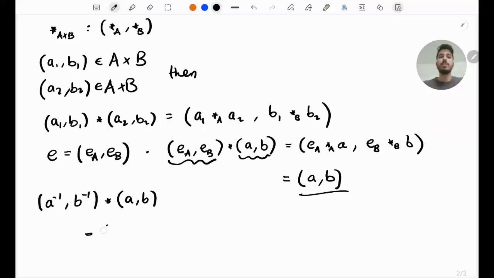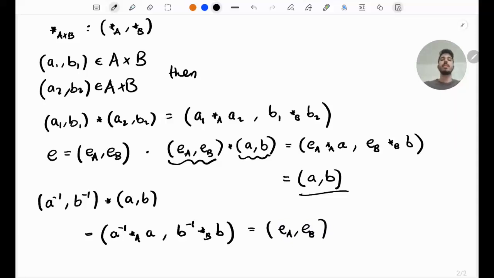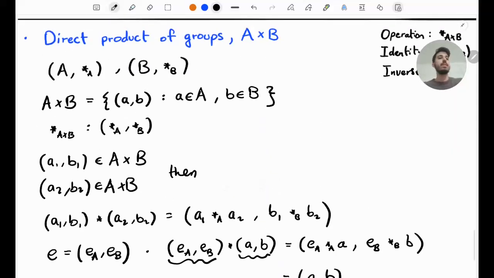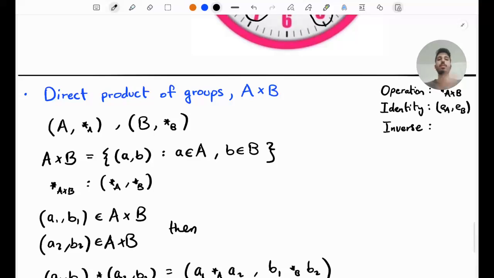That will give you a inverse star A on a, and b inverse star B on b, and of course, by definition of both of them separately, we get e_A and e_B. And that, ladies and gentlemen, is the direct product of two groups.